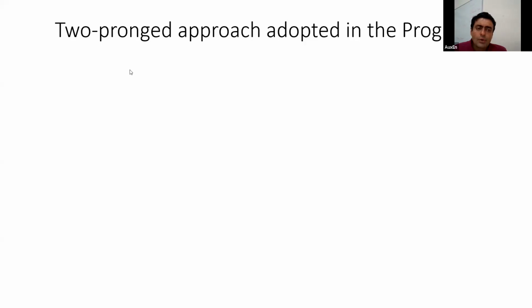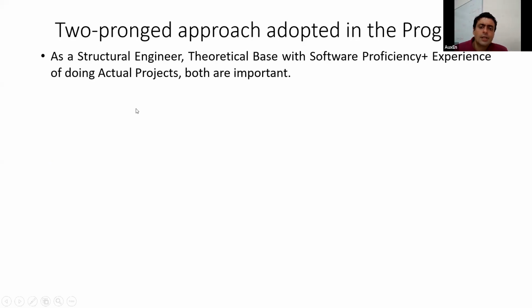So we are going to adopt a two-pronged approach. Two-pronged means which has two components. So as a structural engineer, what we need is a sound, solid theoretical base and software proficiency. So you not only need the theory, but you should have good software proficiency also, because using software is the reality of the day.